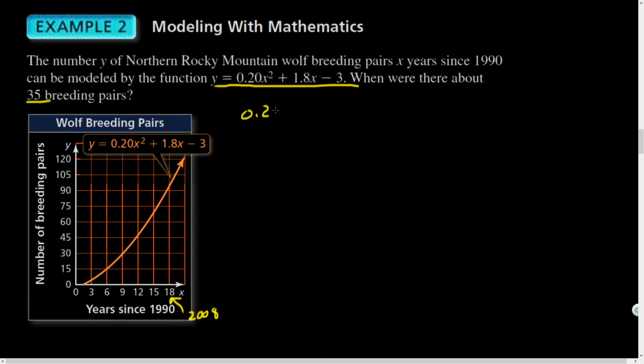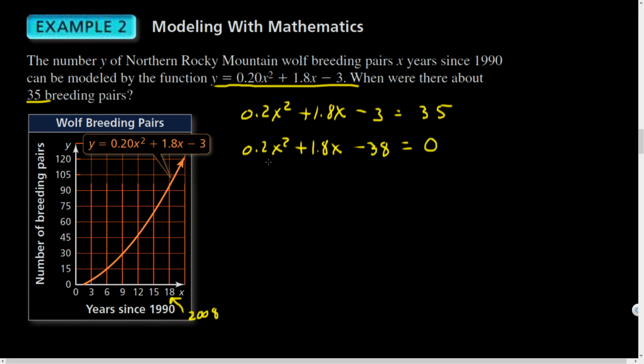So 0.2x squared plus 1.8x. Oh, this is good. I'll show you how to deal with decimals as well. Equals 35. So in order to use the quadratic formula, I'm going to have to subtract 35 from both sides. 0.2x squared plus 1.8x minus 38 equals 0.